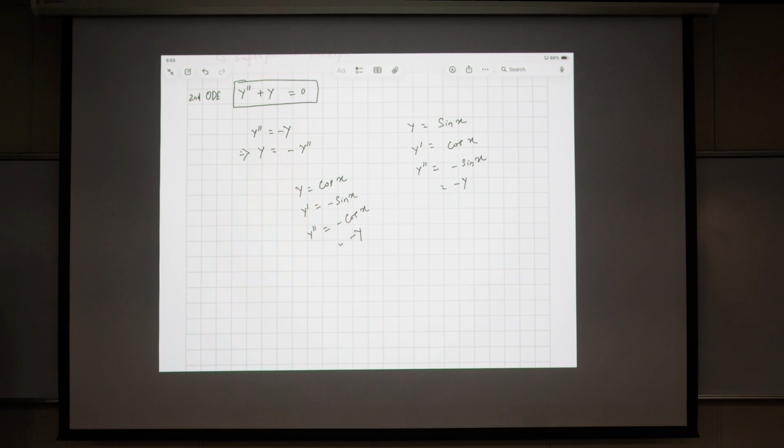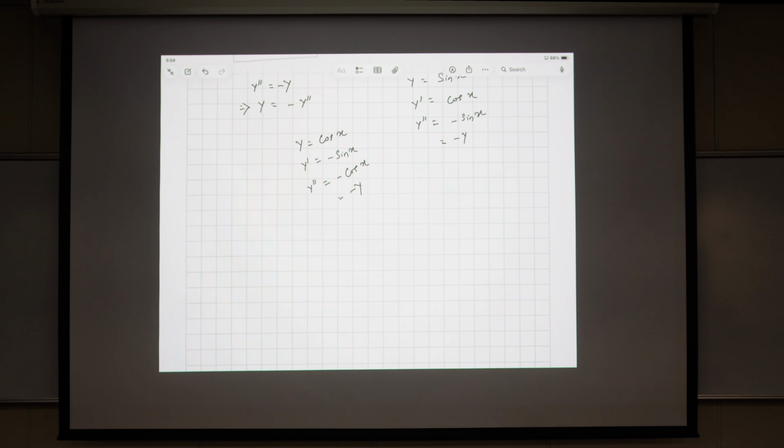And what if I take the solution y is equal to sin x plus cosine x? Then we try.